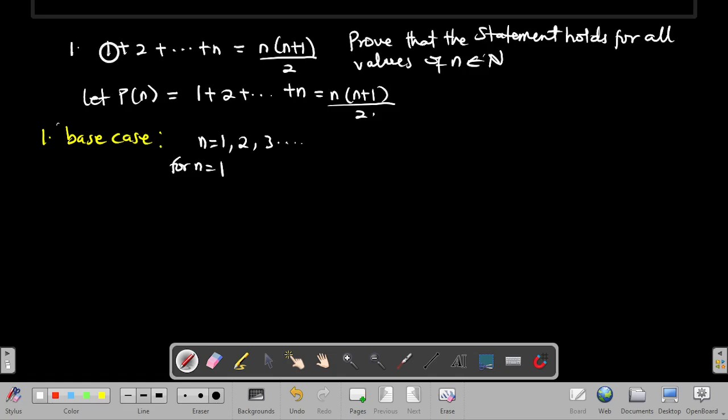So we have the first term, the second term, the third term, up to the nth term. For n equals 1, we are looking for the first term. So on our left hand side, the first term is equal to what? 1. On our right hand side, what do you see? We have a placeholder which is n multiplying n plus 1, all over 2.